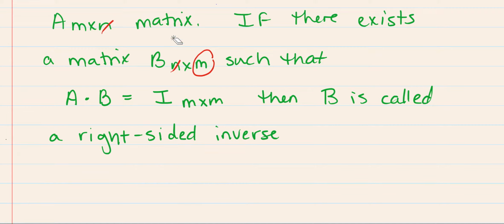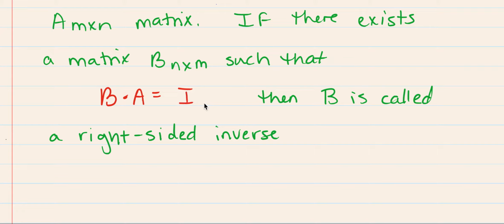So I'm just going to change a couple of things. Now we're not going to deal with right-sided inverses and left-sided inverses for non-square matrices. I just want to let you know that it's possible for these to exist. So let's say that we have an m by n matrix A and there's another matrix B such that B times A is equal to the n by n identity matrix.